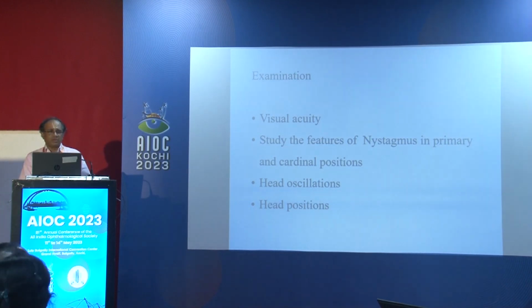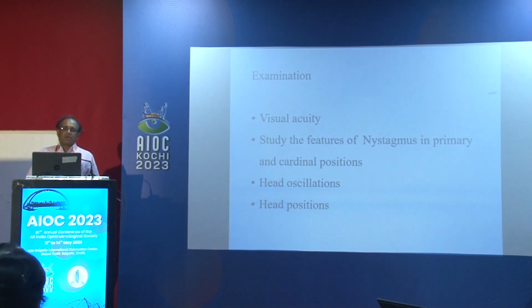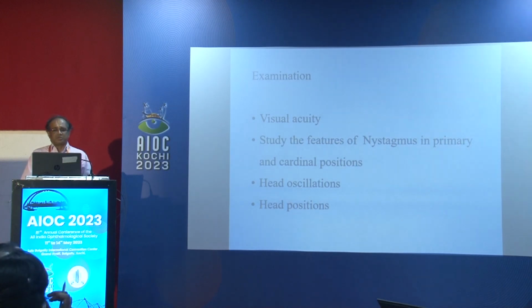So visual acuities are a very important examination point which we should take. Sometimes poor vision or macular disorders can result in the onset of nystagmus. Macular disorders, albinism, all these can result in nystagmus.